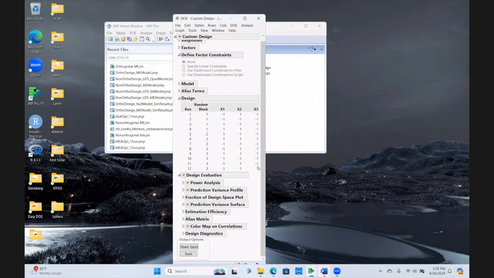So you get this design here. You get 3 blocks of size 4, and the analysis of this would take into account that you have not only the error variance but the random block.